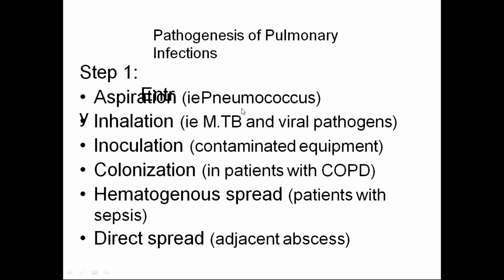Pneumococcus is the major causative agent of aspiration pneumonia. Mycobacterium tuberculosis and other viral pathogens enter via inhalation. Inoculation is by contaminated equipment, colonization is seen in patients with COPD, hematogenous spread is seen in patients with sepsis, and direct spread occurs from an adjacent abscess.